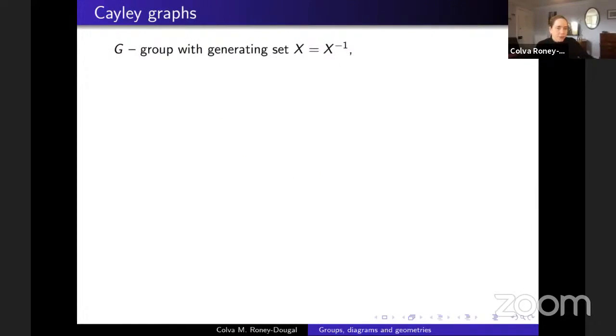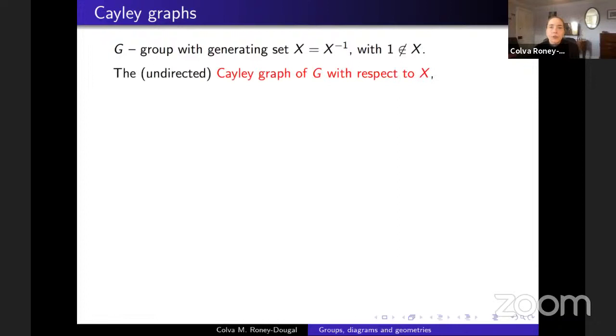Right, Cayley graphs. Here's another way of drawing pictures from groups. So let's start with a group with a generating set X, and I'm going to assume that X is inverse closed. So X is the same thing as X inverse, and that 1's not there. This is a bit different to how I had it before, where I had X and then I put inverses on it. Now I'm going to assume that all the inverses are already in there too. Then the Cayley graph of the group with respect to that set is, again, a graph in the sense of a Van Kampen diagram. So we've got vertices and edges.